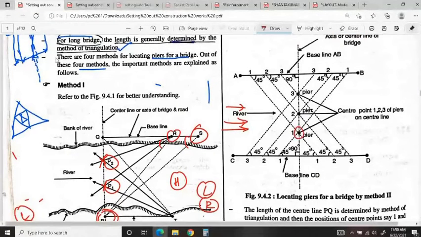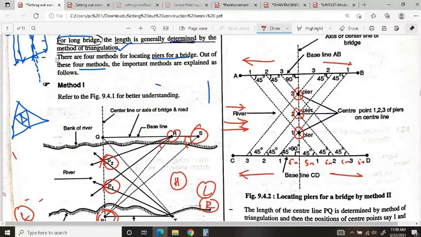Here I want to locate the piers. You can see there are 3 piers. So we are laying one baseline here, here and here. These are the chains, say 5 meter, 5 meter, 5 meter, 5 meter, and there are also 5 meter.